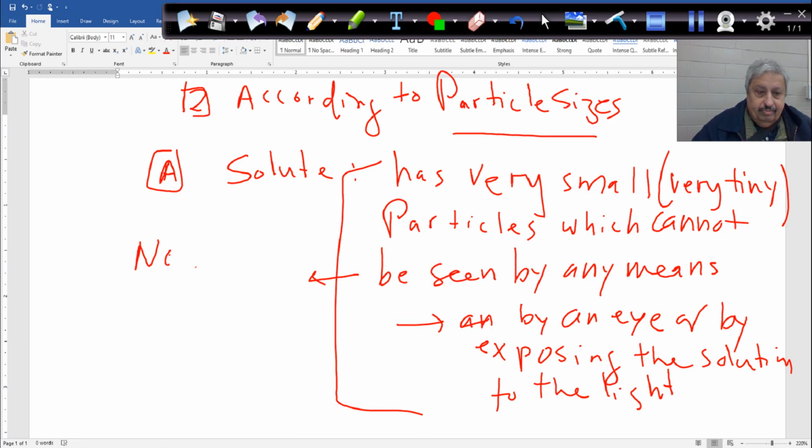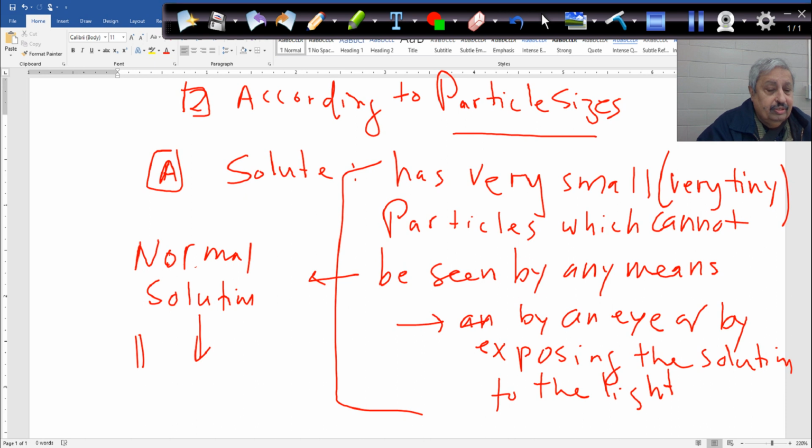I apologize for my handwriting. It's just a normal solution, and it has a unique name, quote unquote, stock solution, end the quote.